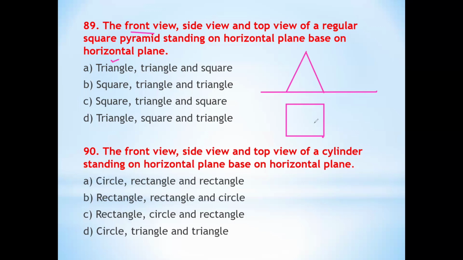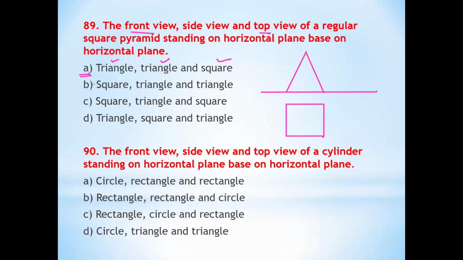I have drawn the side view here, but we know if it rests on the HP on its base, then its side view will also be a triangle. So the side view is a triangle, correct. Then the top view, as a square, so it's correct. So option A seems to be correct.